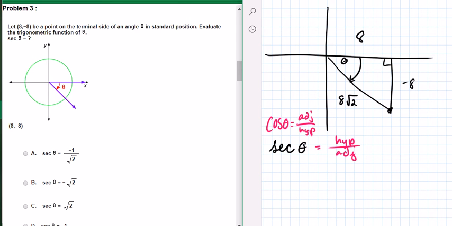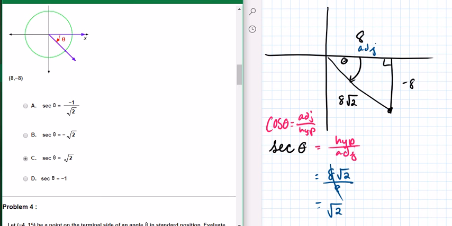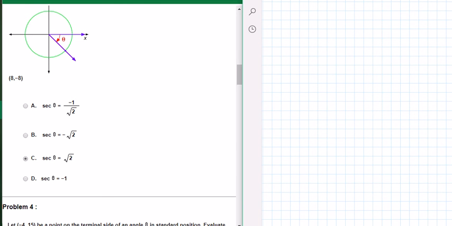So my hypotenuse is 8 radical 2 over my adjacent side, which is 8, and that's going to reduce to radical 2. So here my answer should be C. Problem number 4.